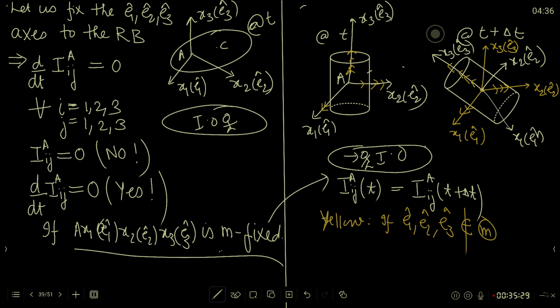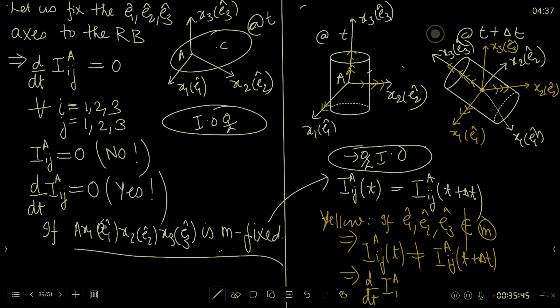And in this case, i_i·i_j at t will not be the same as i_i·i_j at t plus delta t. And this will imply that the rate of change will not be equal to 0. 27 terms you have to handle.